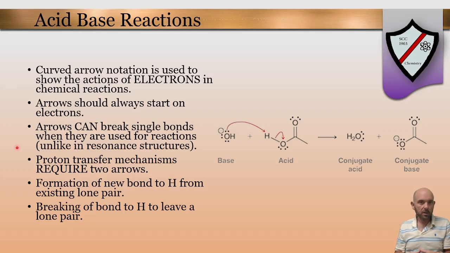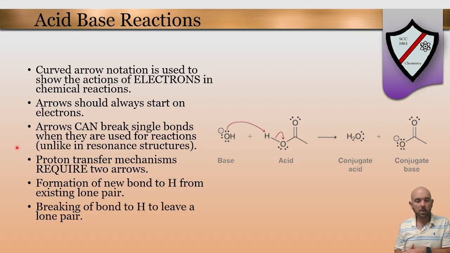However, unlike resonance structures, arrows used in reaction mechanisms can break single bonds. Sometimes that is the whole idea behind a chemical reaction, the breaking of bonds and the formation of new bonds. And specifically, the proton transfer is always going to require 2 arrows.